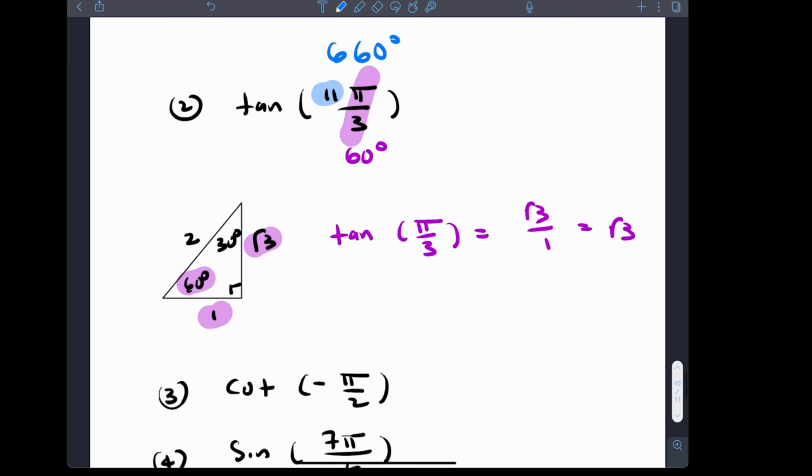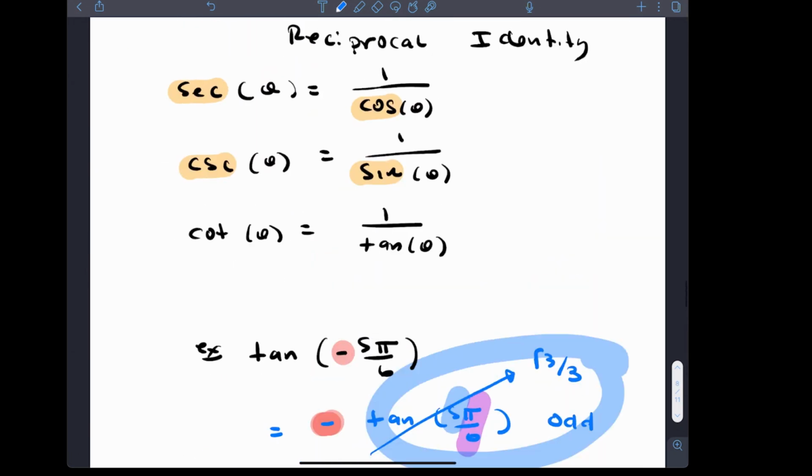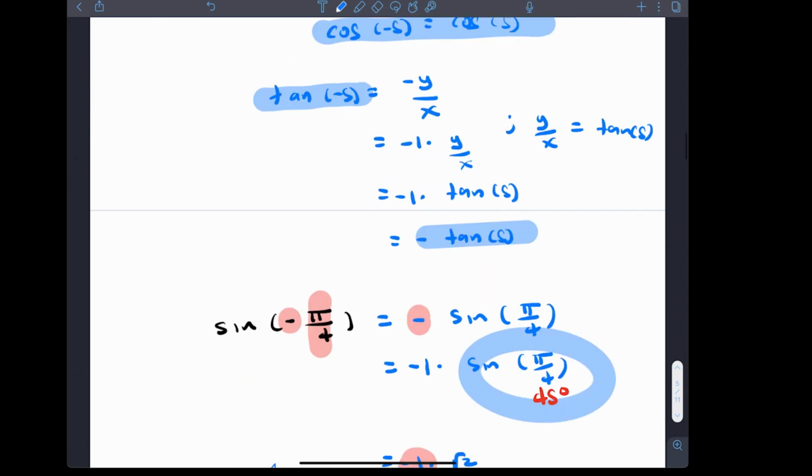I'm semi-medicated. Is that true? 660? I'm going to do this. 660 minus, what is minus 360? Is that 300? Is that true? Why did I subtract 360? That's 1 revolution. Good, 1 revolution.